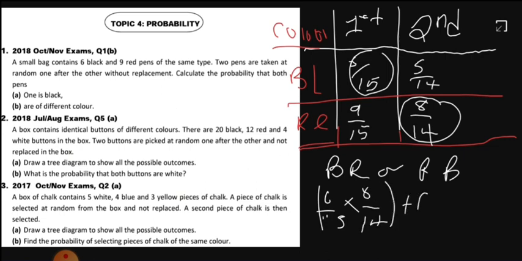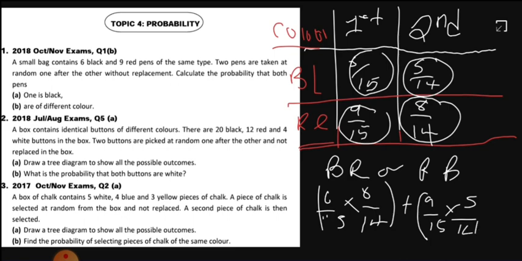Plus, if we start with red, 9 over 15 times 5 over 14.